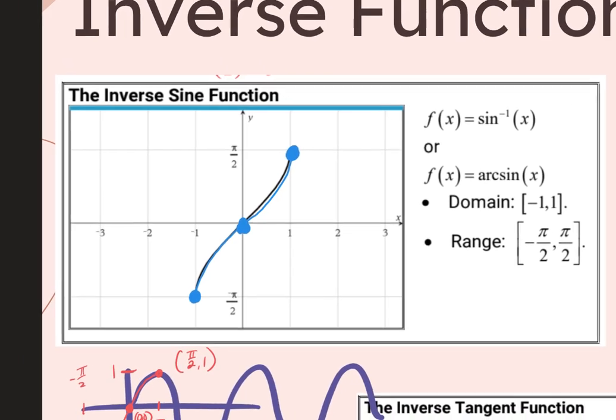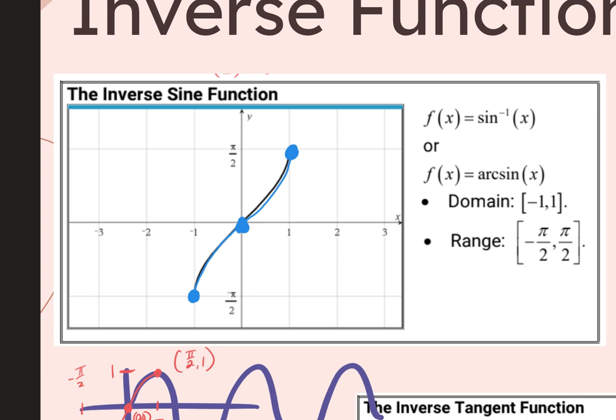So if you think about those characteristics, our domain goes from negative 1 to 1, because those are our x values, and our range goes from negative pi over 2 to positive pi over 2. The original sine curve is the reverse of that. The original sine curve's domain is negative pi over 2 to positive pi over 2, and its range is negative 1 to 1. You with me so far?